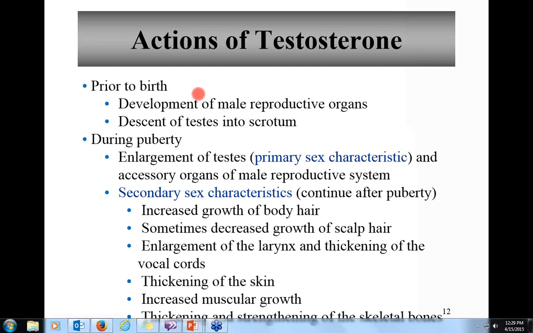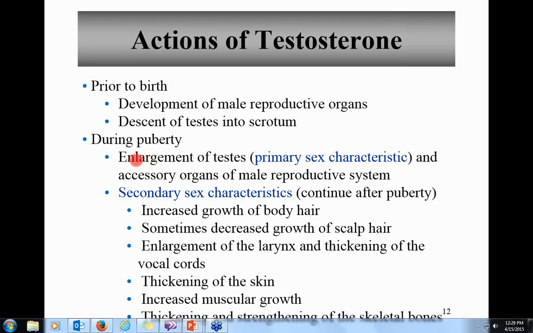What does testosterone do to the male body at birth? It helps develop the male reproductive organs. Descent of the testes into the scrotum. The scrotum is the sac that houses the testes. Again, the testes and the scrotum are external male genitalia.